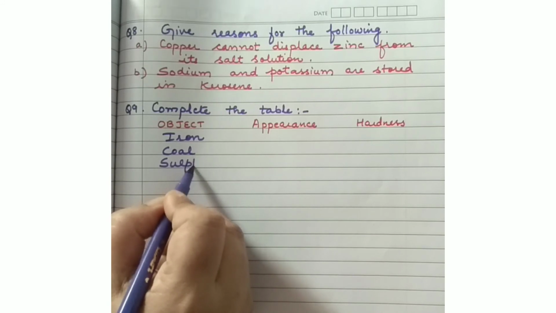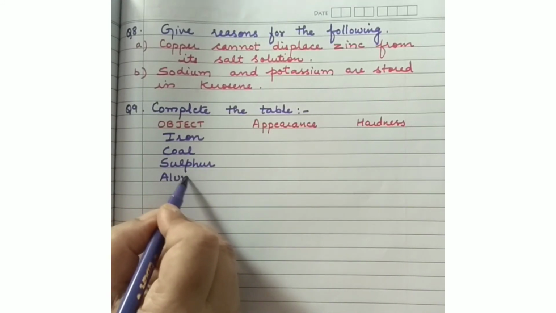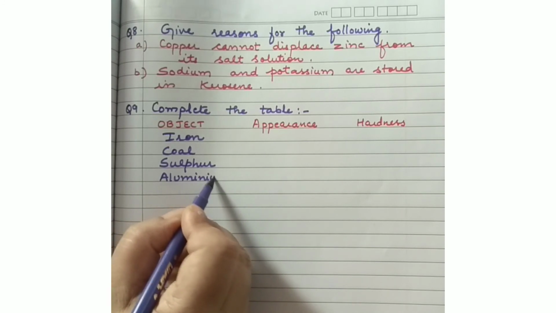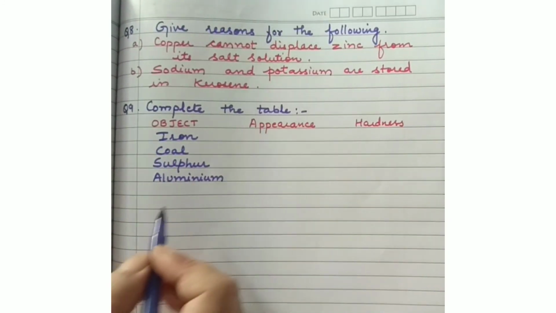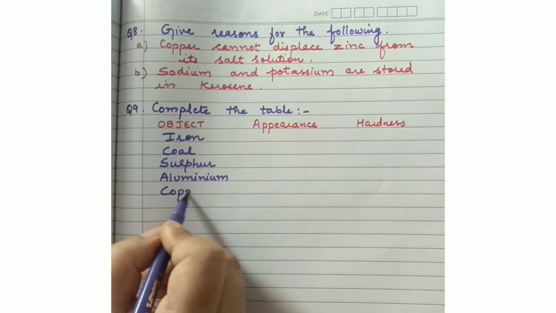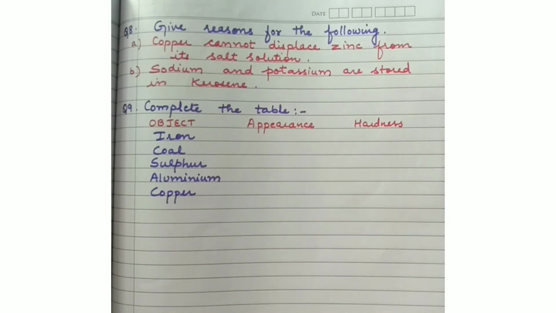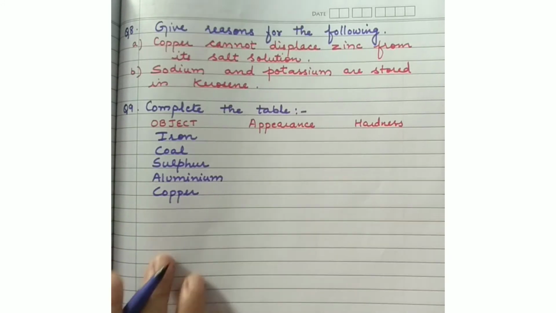Now what are the objects I am going to write here? Iron, coal, sulfur, aluminium, copper. These are the objects.